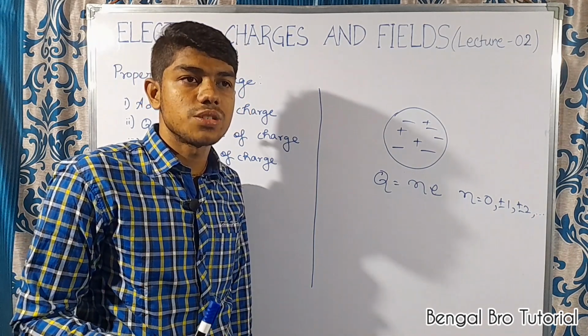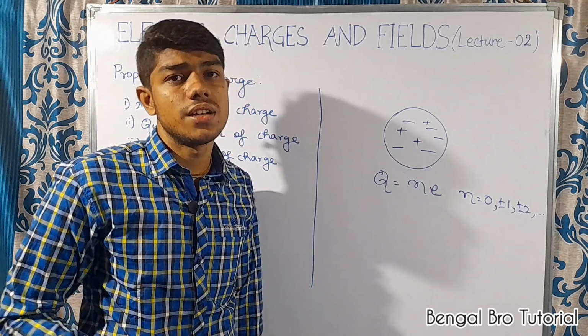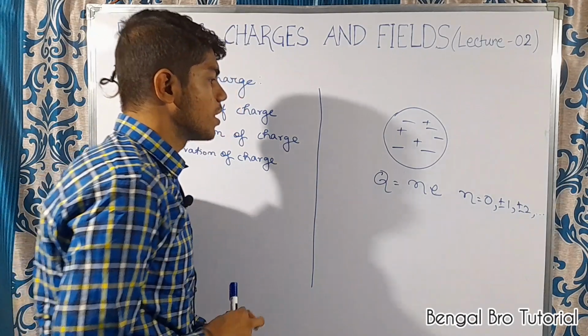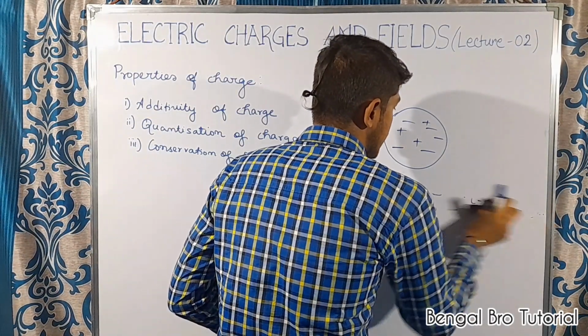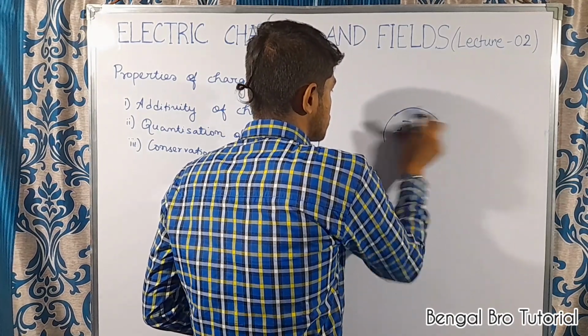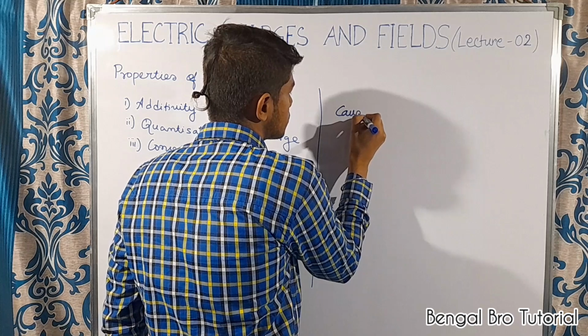The basic quantum of charge is the charge possessed by an electron or a proton. Now the question is: what is the cause of quantization of charge?